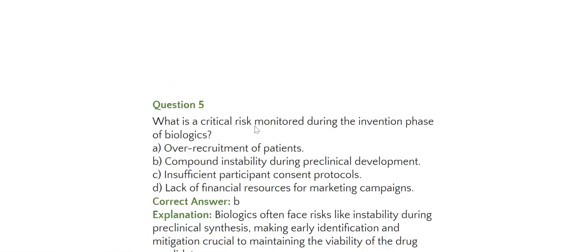Question 5: what is a critical risk monitored during the invention phase of biologics? Is it A, over recruitment of patients, B, compound instability during preclinical development, C, insufficient participant consent protocols, or D, lack of financial resources for marketing campaigns?